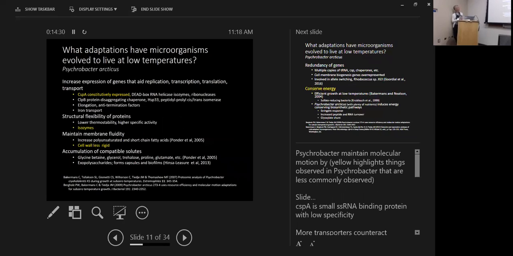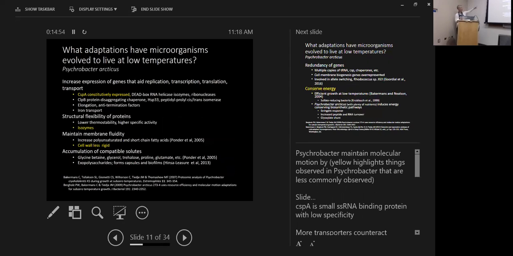Okay. So Psychrobacter arcticus, we have the most data on, and for maintaining molecular motion, there are a number of changes in gene expression that occur during growth at low temperatures. And most of this is increasing the expression of genes that aid replication, transcription, and translation. You've got to have that stuff functional if you're going to be reproducing at these low temperatures.